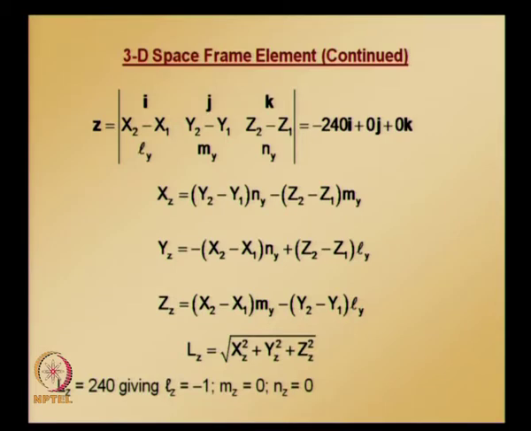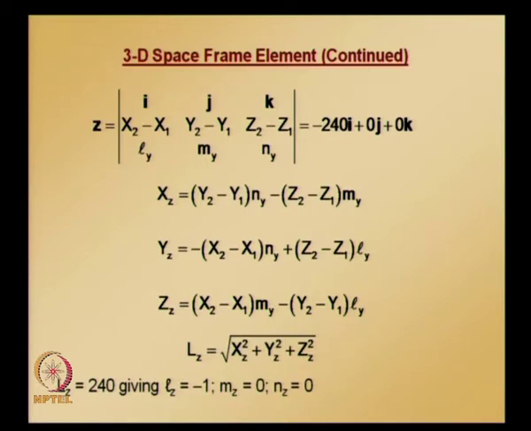That cross product is shown here, and we also require a quantity called Lz, which is xz square plus yz square plus zz square, that is also given, and the vector z is minus 240 i plus 0 j plus 0 k.